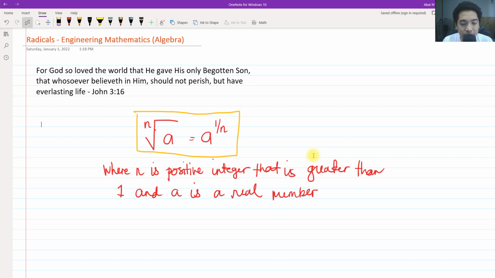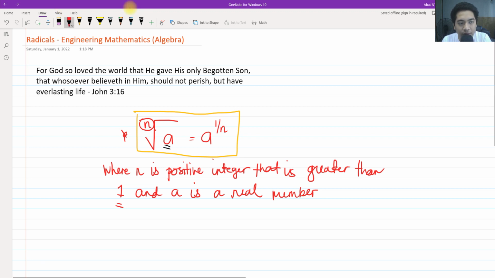So for today, we are going to talk about radicals. What we are seeing right now is an example of a radical to exponential conversion, where n is any positive integer greater than 1, and a is a real number.